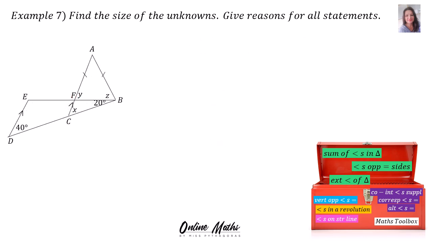Example 7. Find the size of the unknown, give reasons for all statements. Now you will see that suddenly we have AF equal to AB, so that means there's an isosceles triangle. But there's also parallel lines, ED parallel to AC.